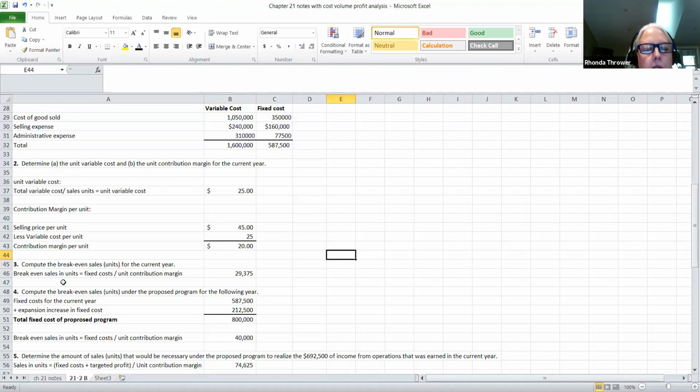The break-even sales in units is your fixed cost divided by your unit contribution margin. The number of units that we have to sell to break even is 29,375. So we must sell 29,375 units in order to break even for this company.